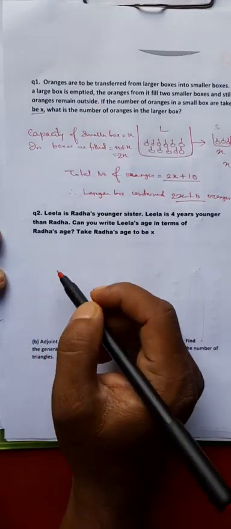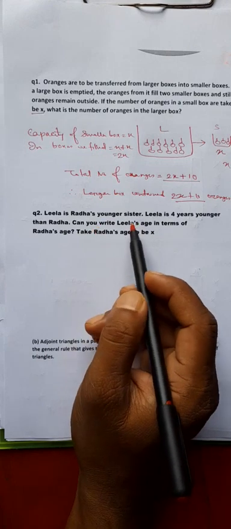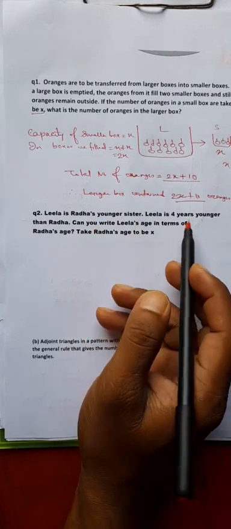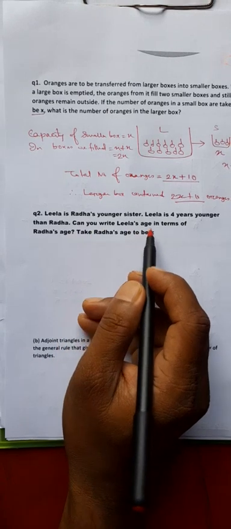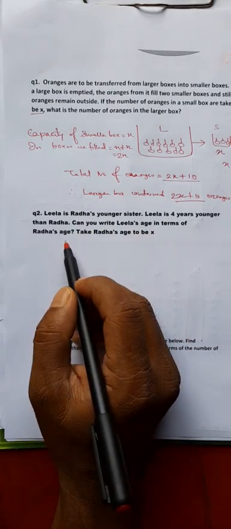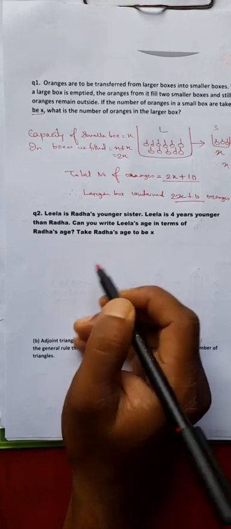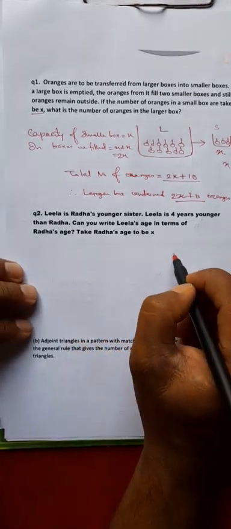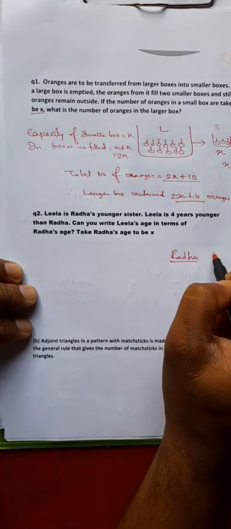Next, we will discuss one more problem from the CBSE book. Leela is Radha's younger sister. Leela is 4 years younger than Radha. Can we write Leela's age in terms of Radha's age? Take Radha's age to be x. So there are 2 girls, Radha and Leela.